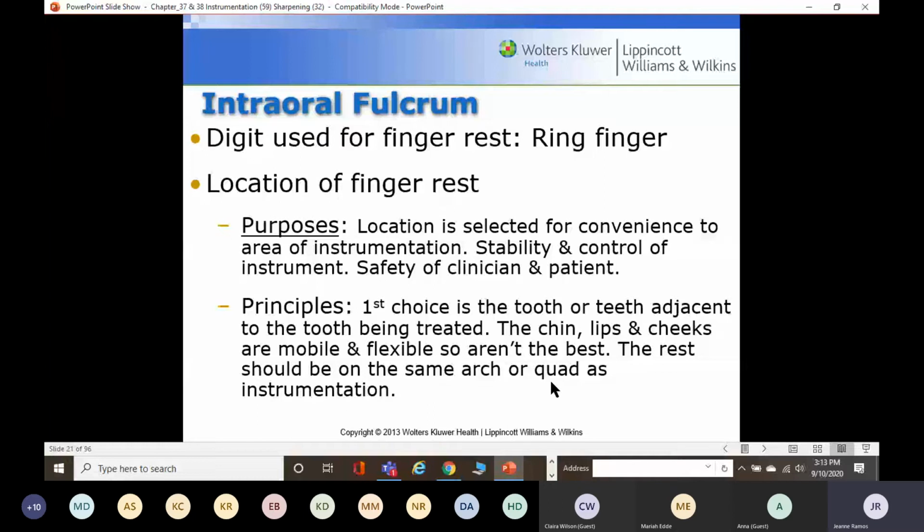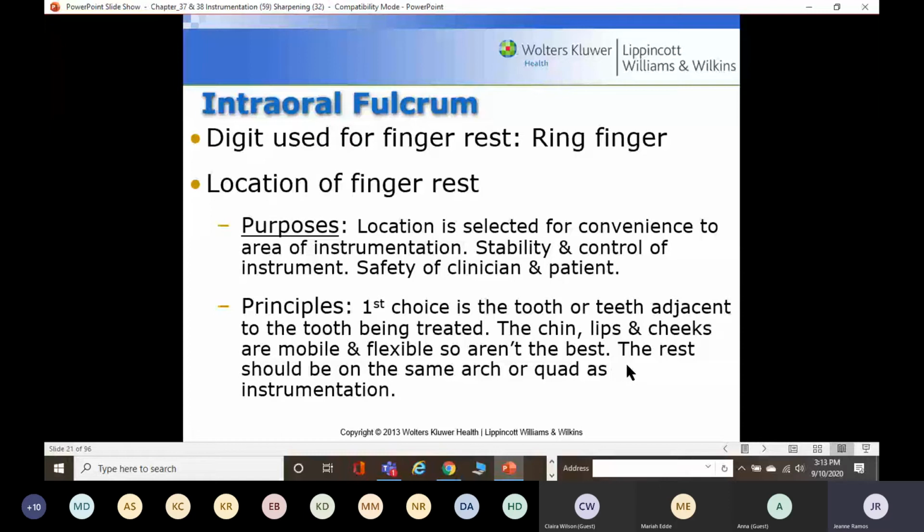So I don't really know how they're going to handle this on boards, because this was always the old way for 40, 50 years. The chin, lips, and cheeks are mobile and wouldn't be the best.